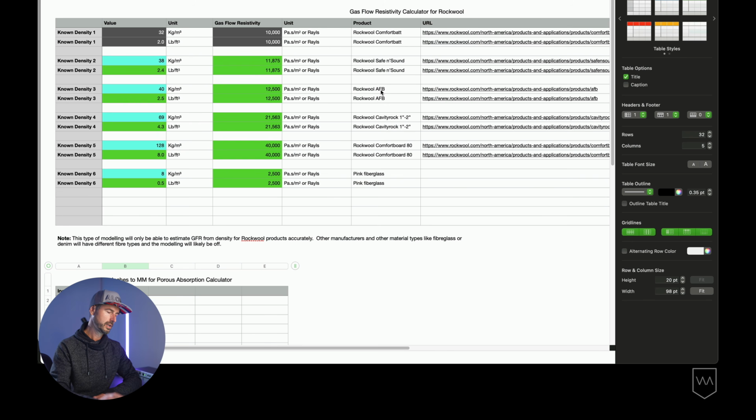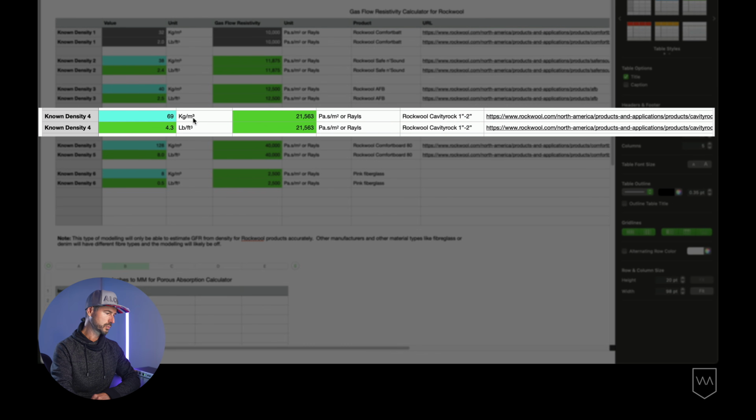This isn't likely to work very accurately if you try and model fiberglass, though, because fiberglass is a different material, a different fiber structure, and a different manufacturer. So you can see here that here's where I've got the Rockwool Cavity Rock, and I'm modeling it from the density, and so the gas flow resistivity is about 21,500.